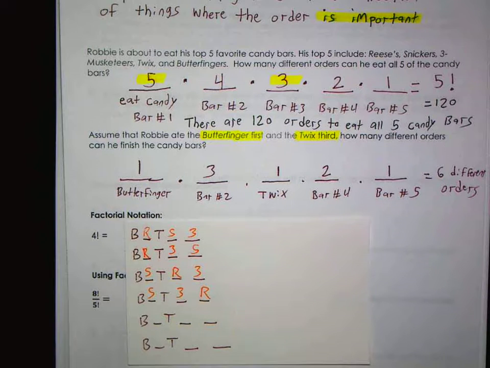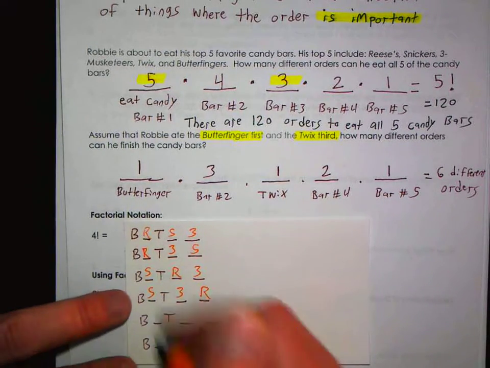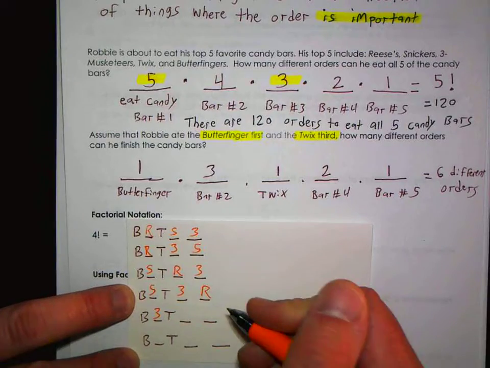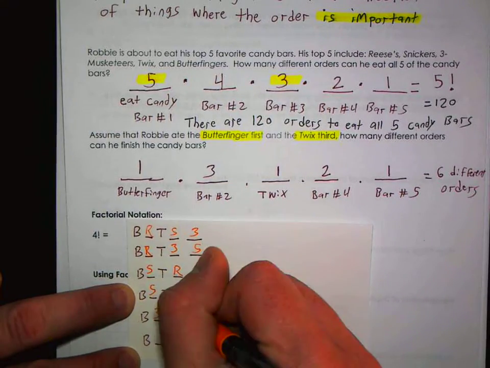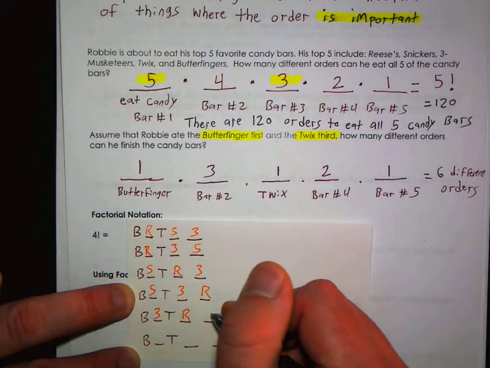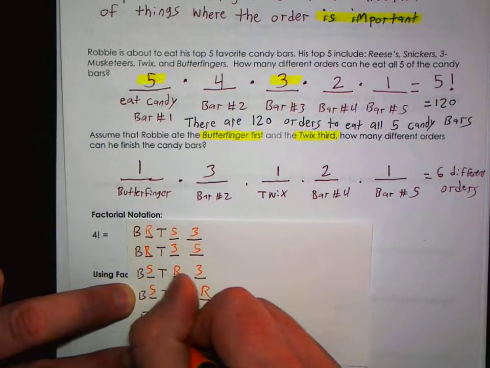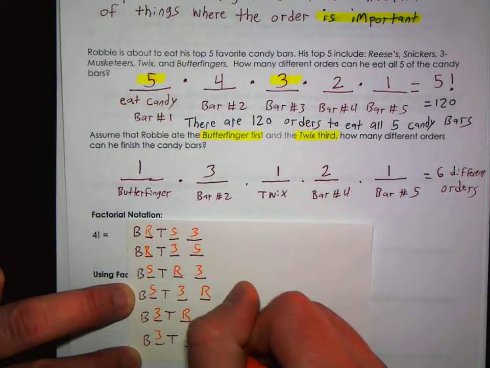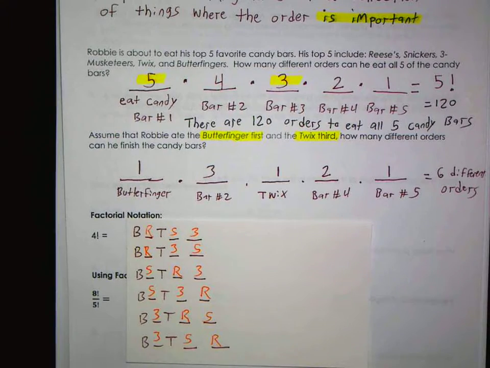Ooh, that sounds good. And then what else could there be? They could also eat the Three Musketeers first, right? And then the Reese's, then the Snickers. Or maybe the Three Musketeers, Snickers, and Reese's. Well, that is all the combinations there are. There are no other combinations.